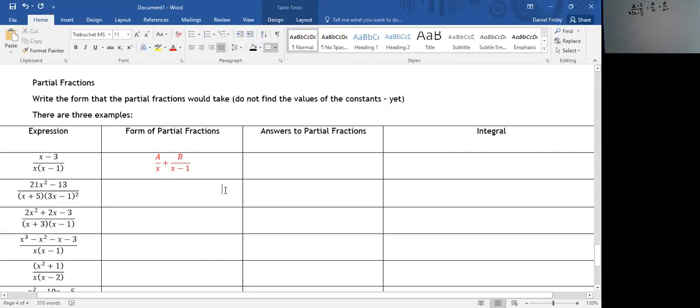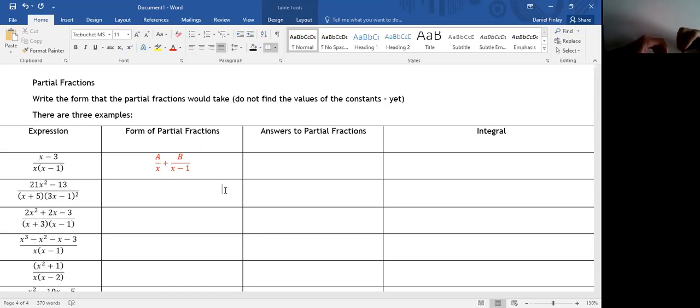Okay, the second one, we have 21x squared take away 13 over x plus 5, 3x minus 1 squared. The degree of the top is 2, and the degree in the bottom, if you expand that bracket, you get x times 3x times 3x, so you get x cubed. So the degree in the top is 2, degree in the bottom is 3.